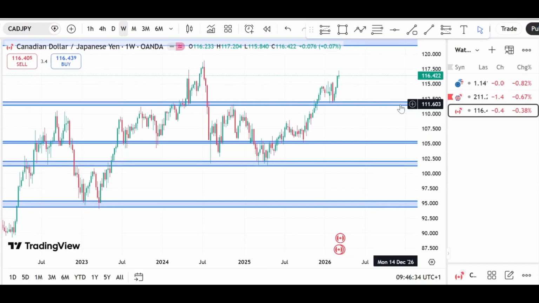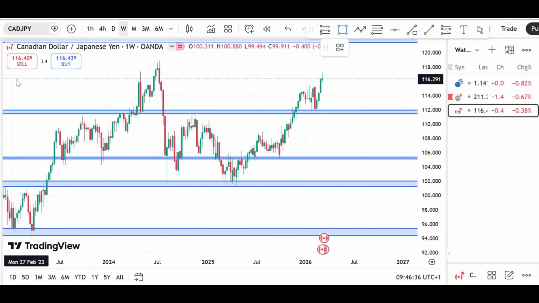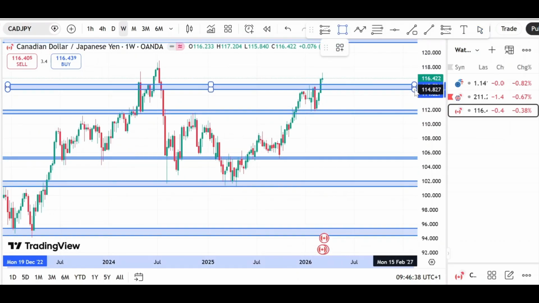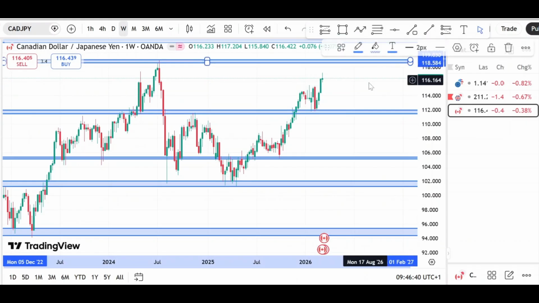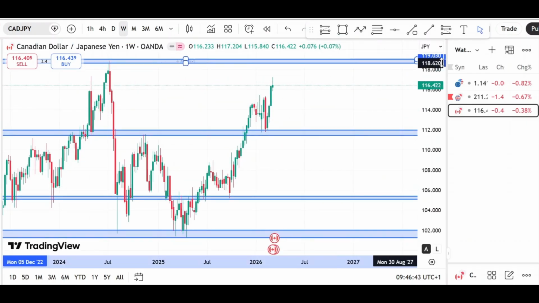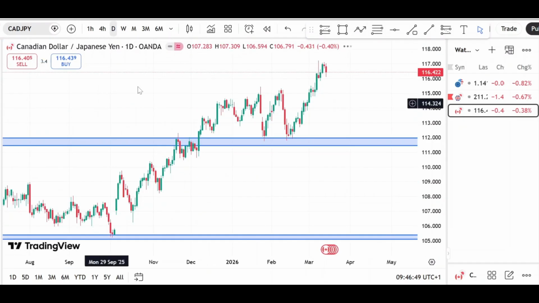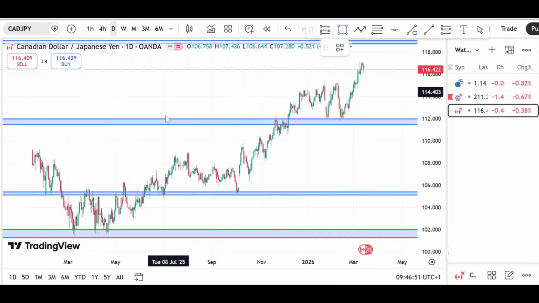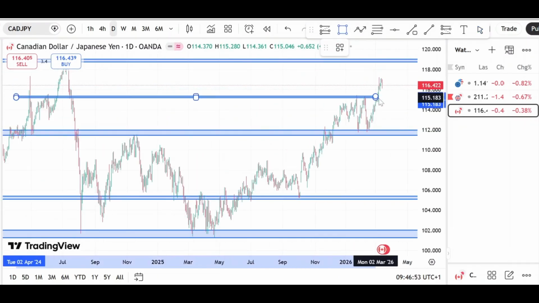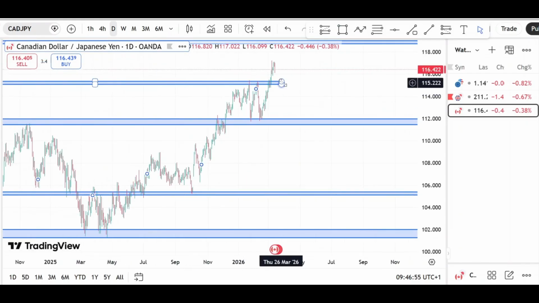This is a weekly upper zone. And let's go in a daily to see what's going on. As you can see, we are in a beautiful uptrend, as I was saying.